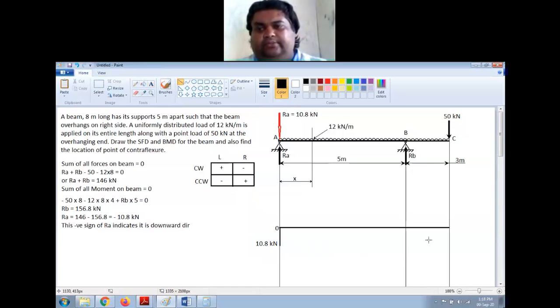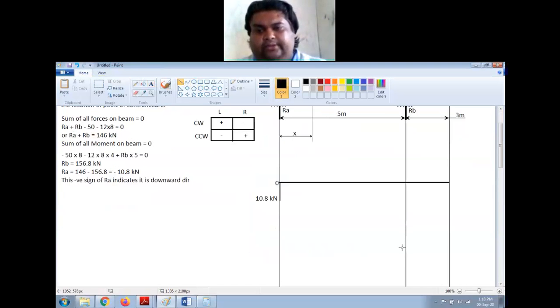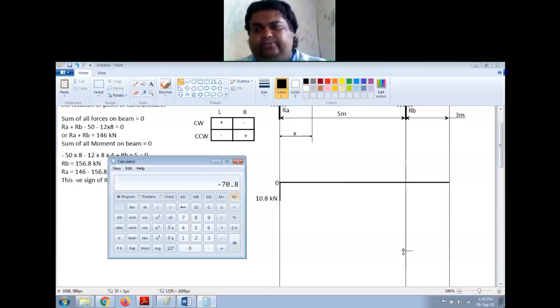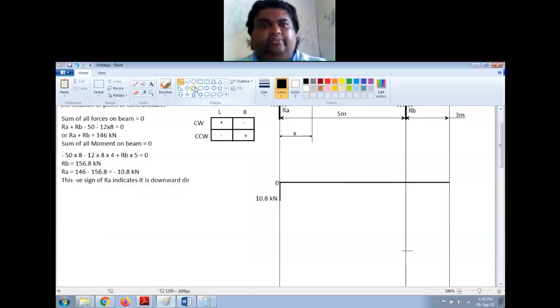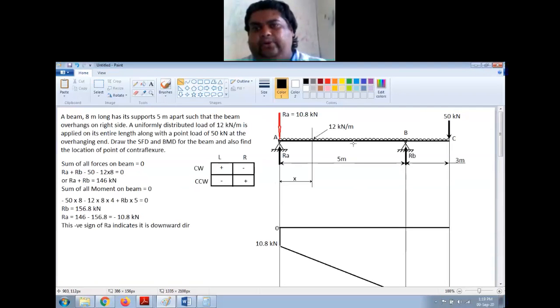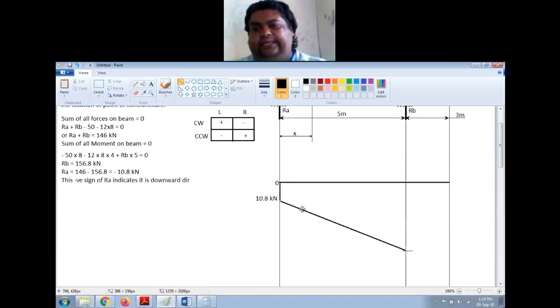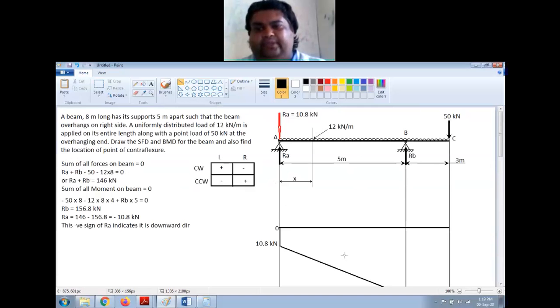Let me mark that point. So this is minus 70.8. I will connect these 2 points. Shear force variation for a UDL is always an inclined straight line like this.